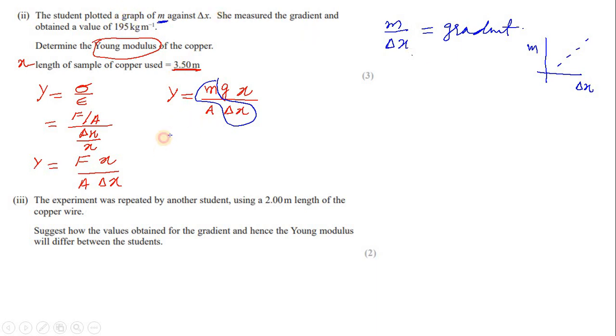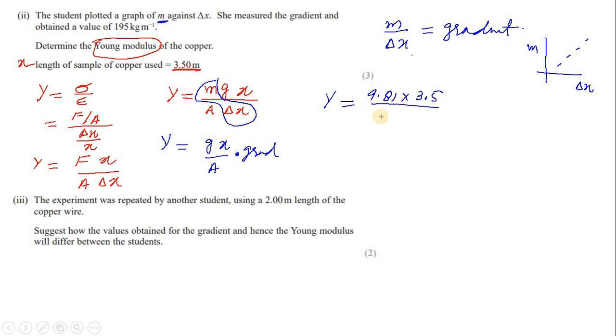So you can say that Y is in fact gx divided by A into gradient. I'm just writing it for your understanding. You can skip whatever steps you want. So Y would be equal to, g is 9.81, times x. x is the original length, which is 3.5, and divided by the area.